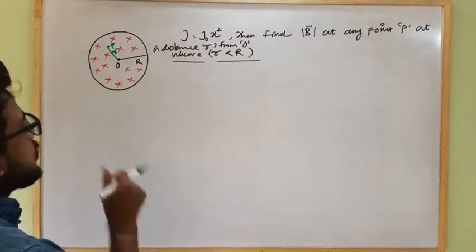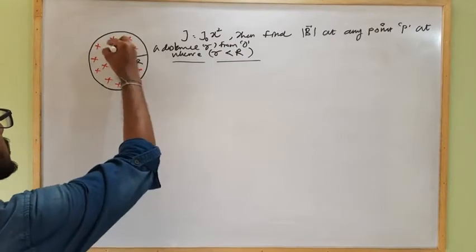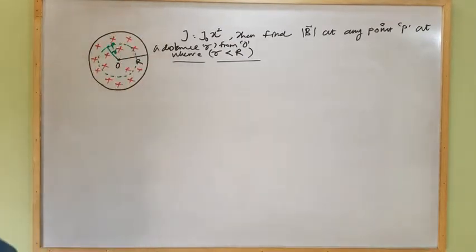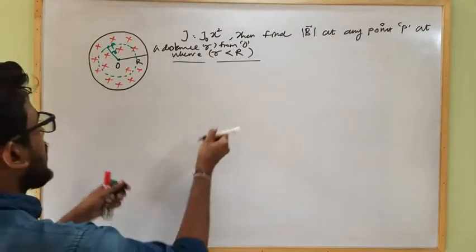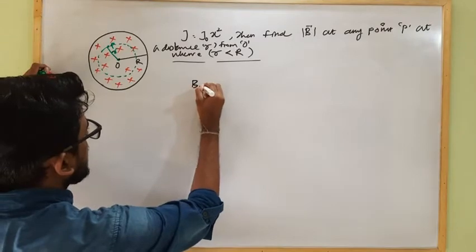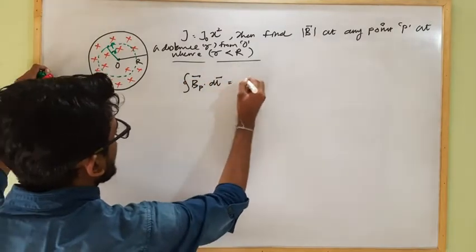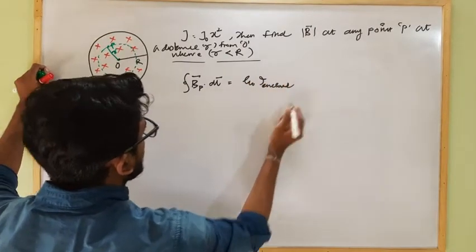According to the Ampere circuital law, we have to consider an Amperian loop like this. By Ampere circuital law, the closed line integral of B at P dot dl vector will be equal to mu naught I enclosed. Clear?